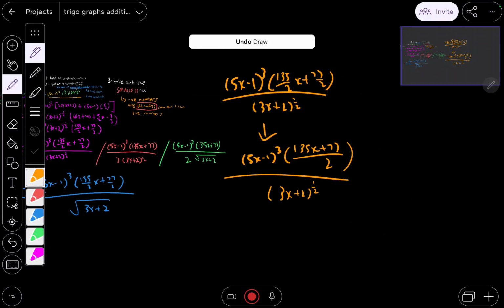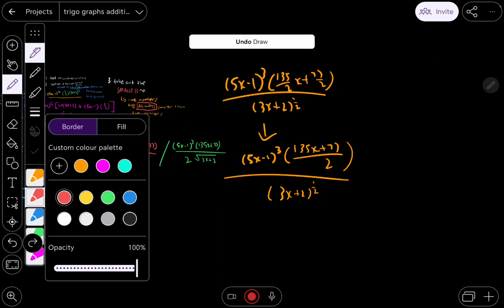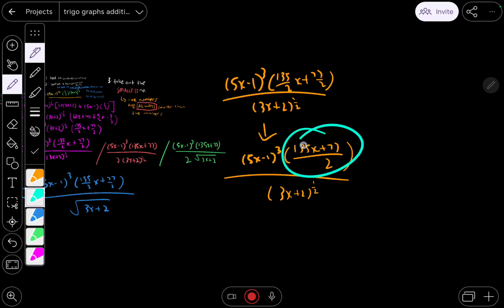And then you realize that I can split up the fraction, right? How do I split up? Okay, I'll just do for this term specifically. Okay, so for this term, we can say that this is a 1 over 2 bracket 135 x plus 77.